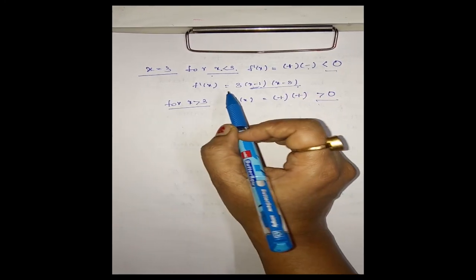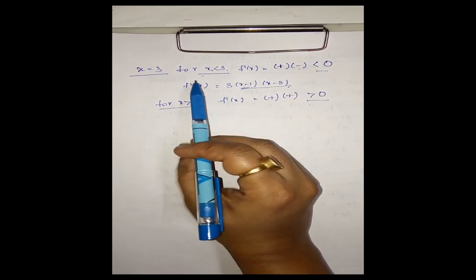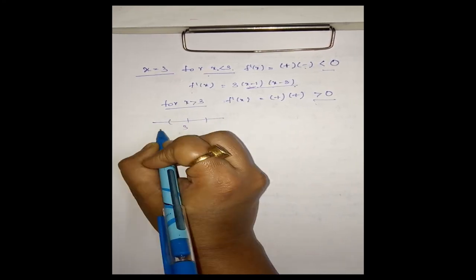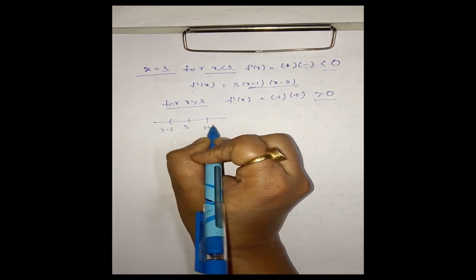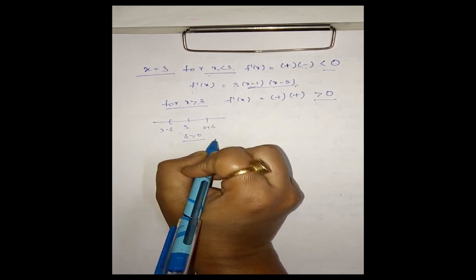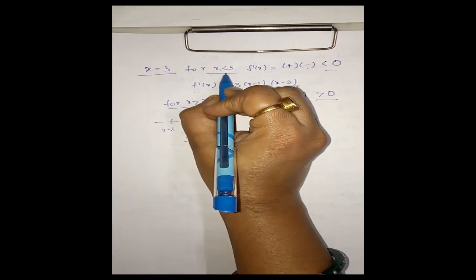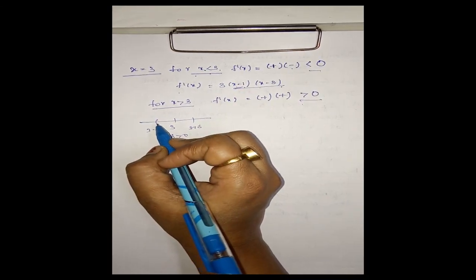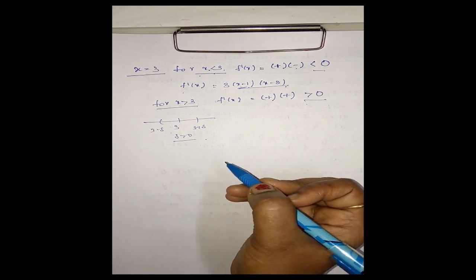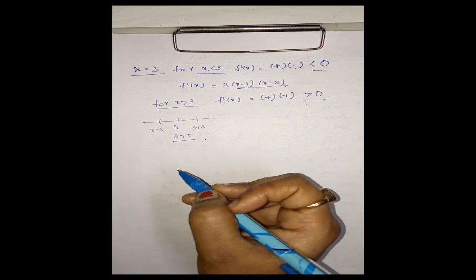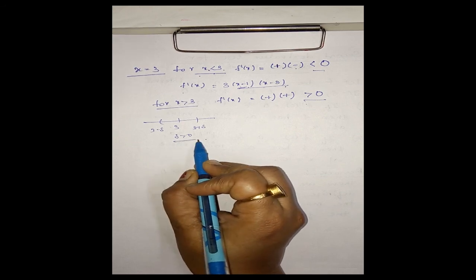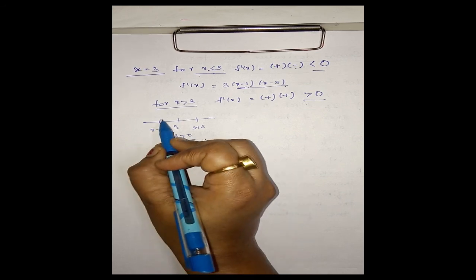Here we have to remember this neighborhood: 3 minus delta, 3 plus delta, and delta is a very small positive number. If x is less than 3, then it is somewhere like 2.99, 2.98. Like this, we are taking delta positive but a very small number.